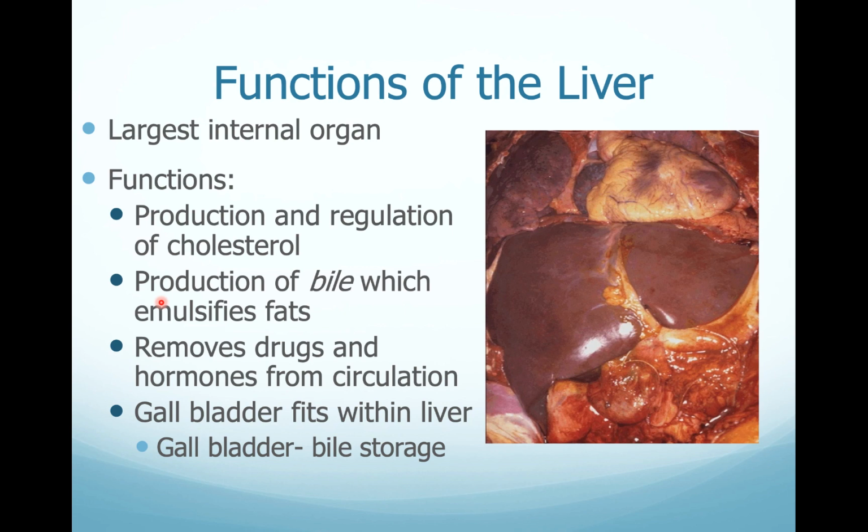It makes it easier to digest. It also removes drugs and hormones from your blood circulation, and it works with the gallbladder to store the bile. So the liver makes the bile, but the gallbladder stores the bile. Major differences. The liver makes your bile, and it gives it to the gallbladder to store the bile.